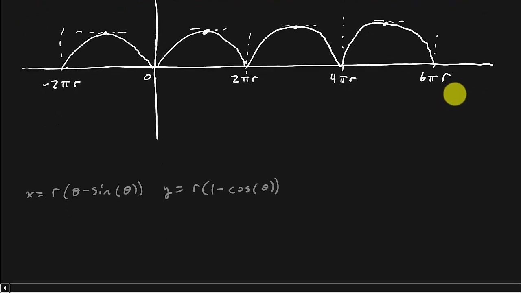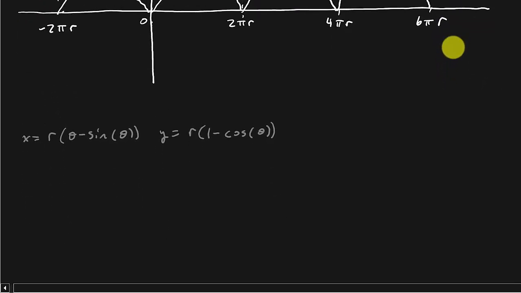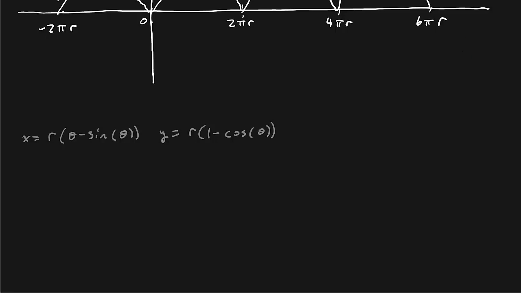All right. So remember, your horizontal tangents, that's when dy d theta is equal to 0, but dx d theta is not equal to 0.